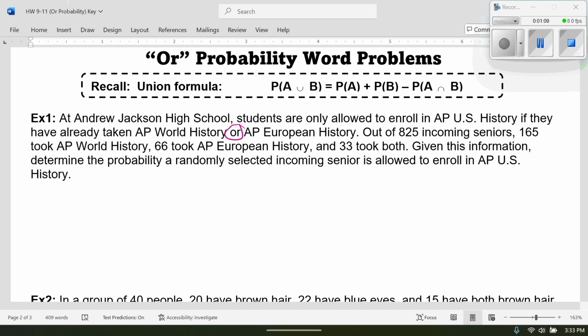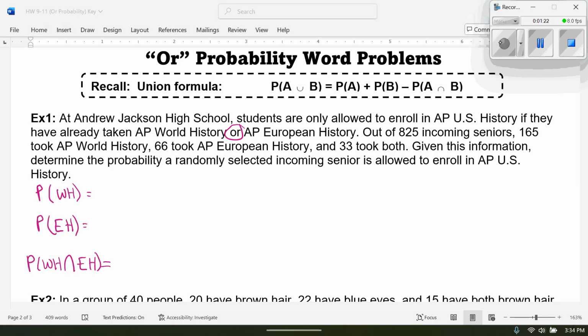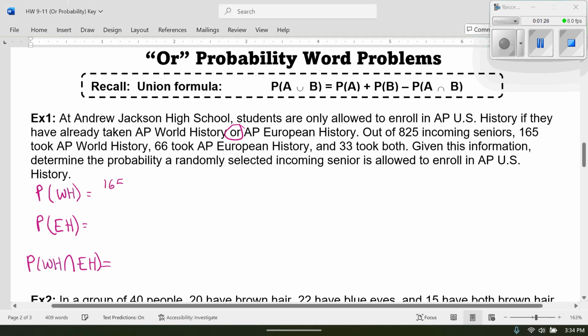Well, you're only allowed to enroll in AP US History if you took World History or European History. So this is definitely an OR word problem. We're going to write out what we have first. So we have the probability of World History. Let's see, there were 165 kids who took it out of 825 students.